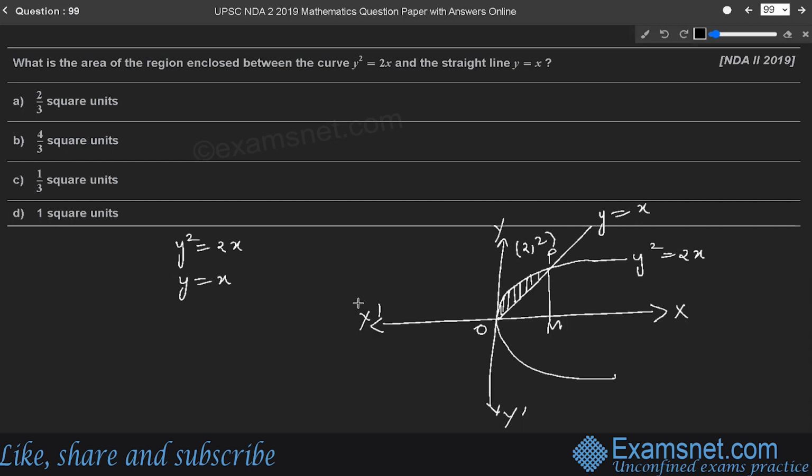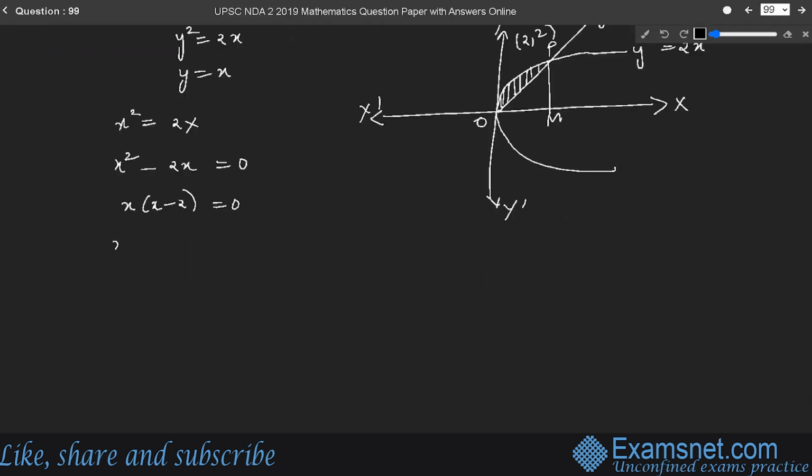Then the point of intersection of both these equations will be x square is equal to 2x. So x square minus 2x is equal to 0. Taking x common, x into (x minus 2) will be equal to 0. So we can say that either x will be equal to 0 or x will be equal to 2. Since we know that y is equal to x, therefore y will be equal to 2.